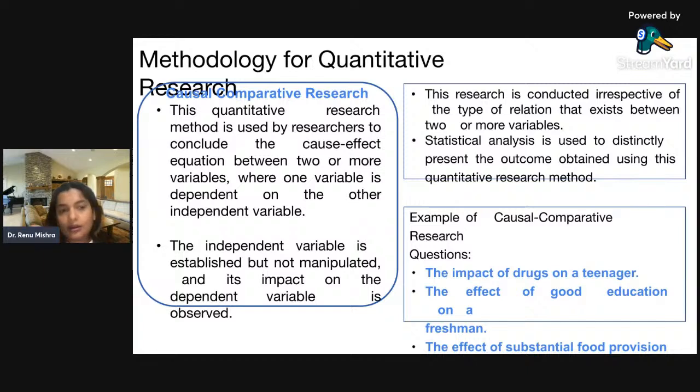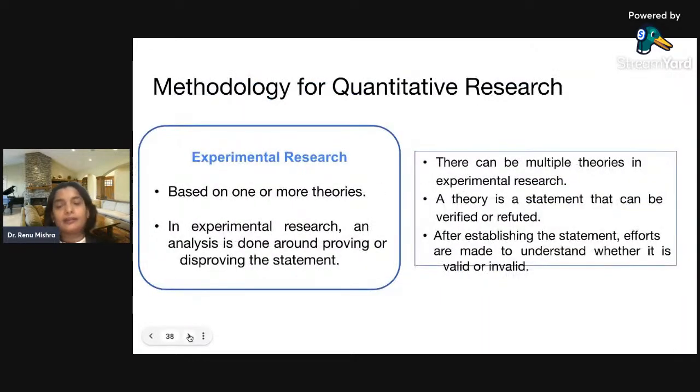So we are trying to understand that when a good education is being given, what are the changes in an individual as a child. So this is causal comparative research. Okay, then comes your experimental research, wherein you are trying to test theories. You have a theory with you and you want to test it. You collect the data for it and you test it.